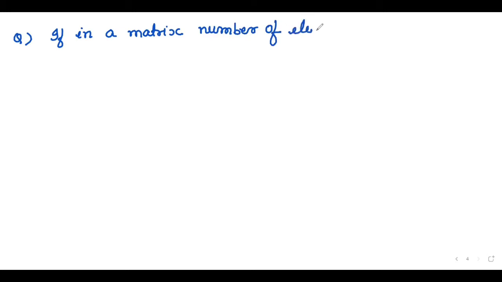Now, one more question pattern I am going to discuss. The question is: if in a matrix the number of elements is 5, then what are the possible orders it can have?